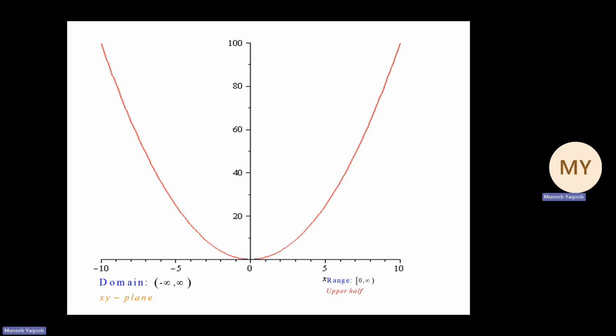Therefore, we conclude that the set of all possible values of y starts from 0 till positive infinity, but positive infinity is not a defined number, so it will not be included in the set of the range. You can see that when the author wrote the range, he or she used a square bracket for 0, because y equals 0 is possible. At x equals 0, the height is also 0.